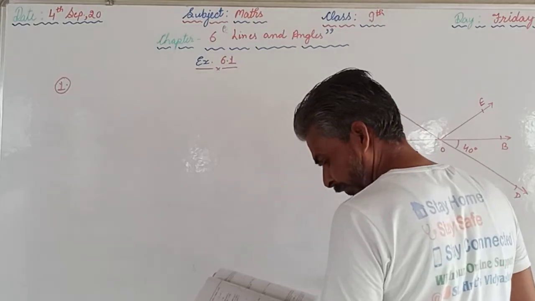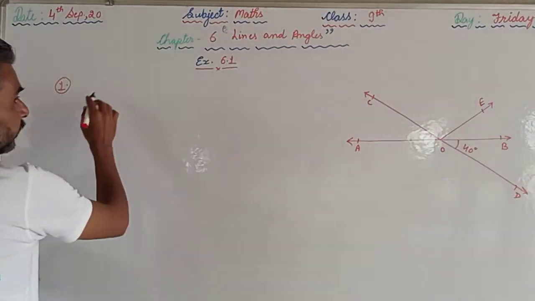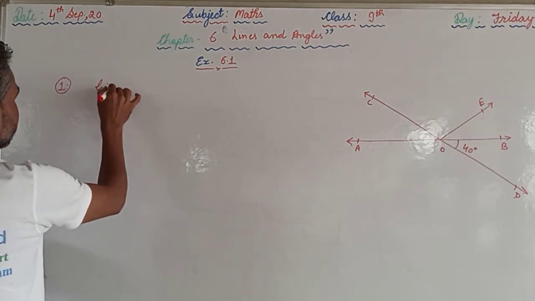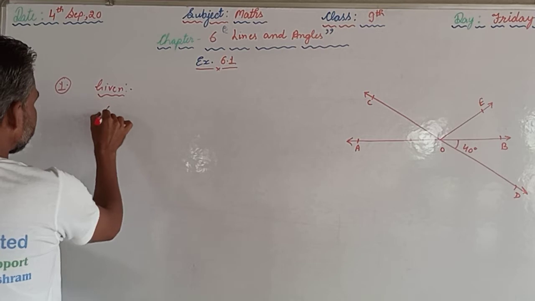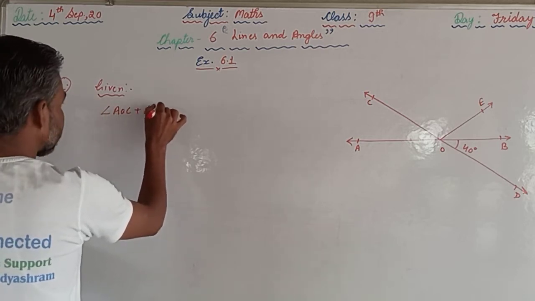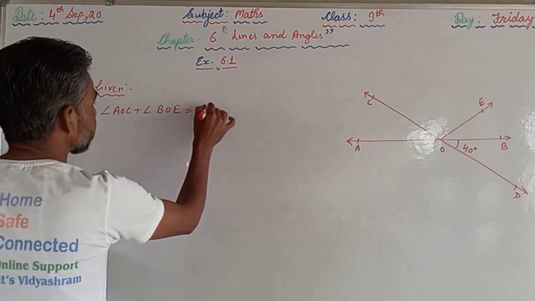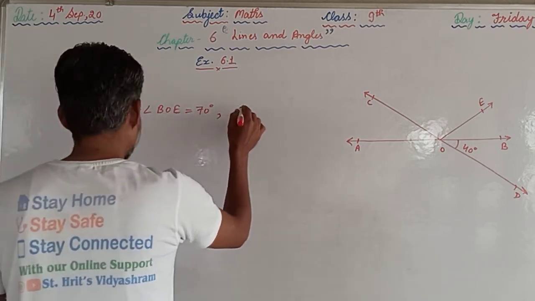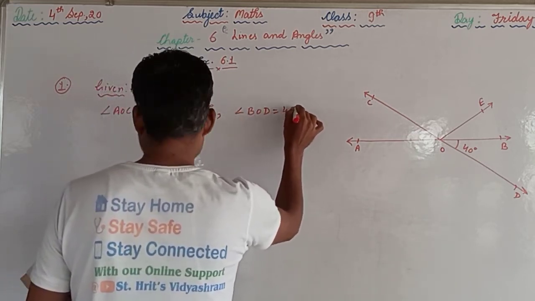So what is given: angle AOC plus angle BOE is equal to 70 degree and angle BOD is equal to 40 degree.